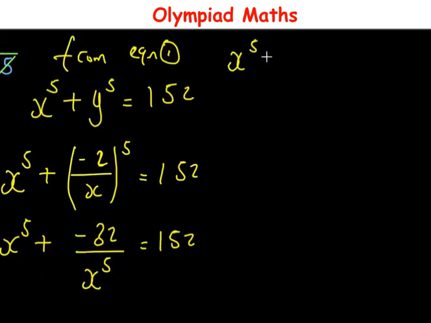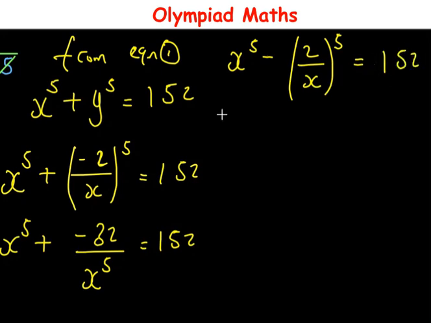x raised to power 5 minus, in brackets, 2 over x all raised to power 5 equals 152. At this junction, we suppose that x minus 2 over x equals m, such that the value of m should be greater than 0.